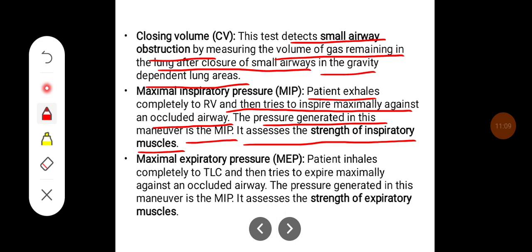Maximal expiratory pressure, that is MEP. The patient inhales completely to TLC and then tries to expire maximally against an occluded airway. The pressure generated in this maneuver is maximal expiratory pressure. It assesses the strength of expiratory muscles.